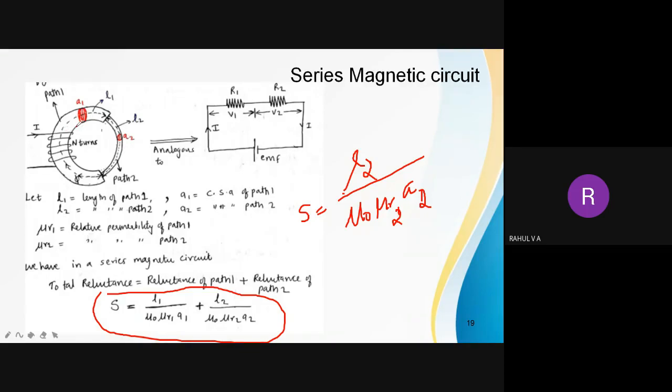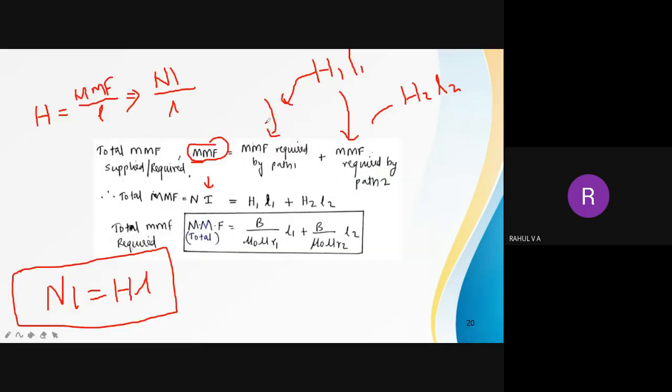That MMF is divided across the first section and second section. The MMF across the first section is H1 into L1 and the MMF of the second section is H2 into L2. So total MMF is equal to Ni, that is equal to H1 L1 plus H2 L2. So we can rewrite this formula.